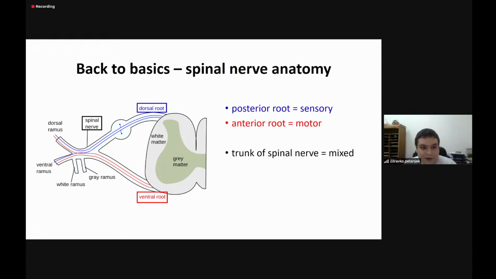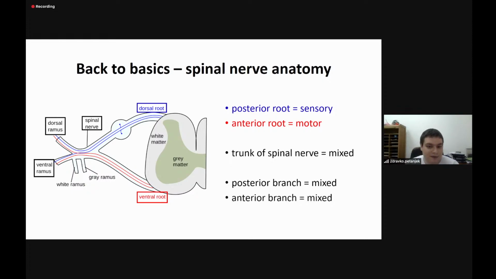The spinal nerve gives two branches, the posterior branch or the dorsal ramus, which also carries mixed fibers, as well as the anterior branch or the ventral ramus, which once again also carries mixed fibers.